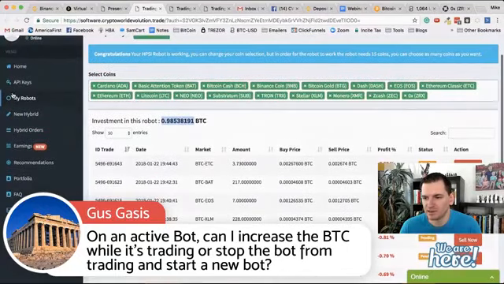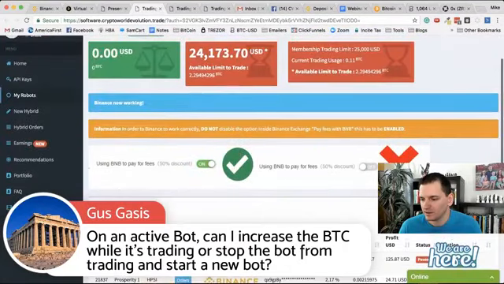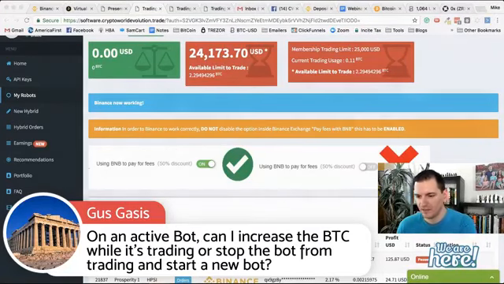So when I create my new bot, I've got to pull up a calculator, right? Put that minus what it says available.